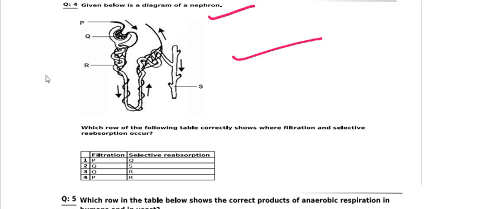One, P is the filtration, Q is the selective reabsorption. 2. Q is the filtration, S is the selective reabsorption. 3. Q is the filtration, R is the selective reabsorption. 4. P is the filtration and R is the selective reabsorption.